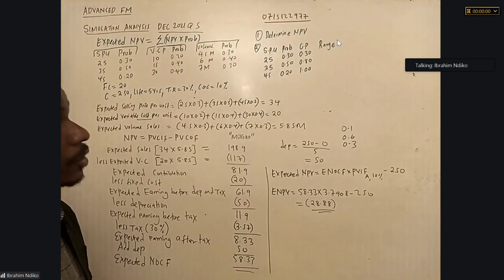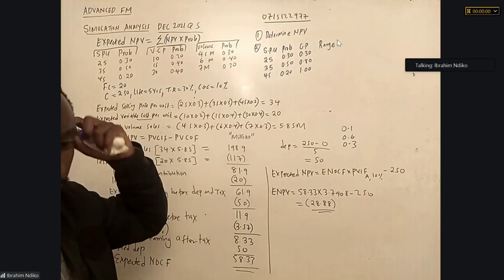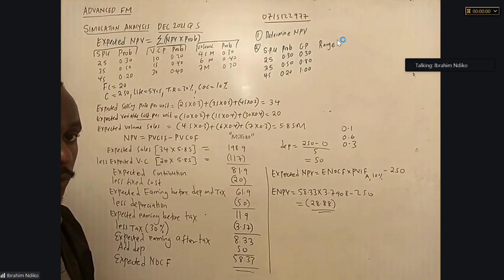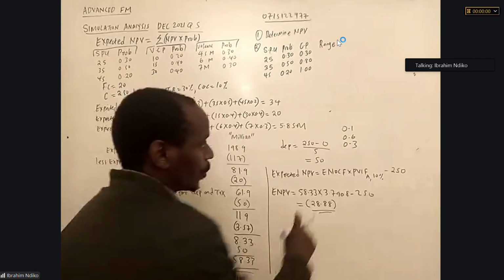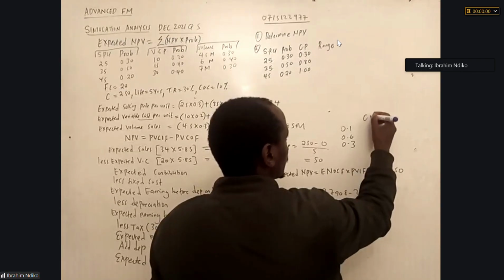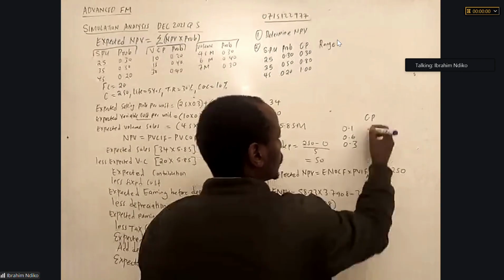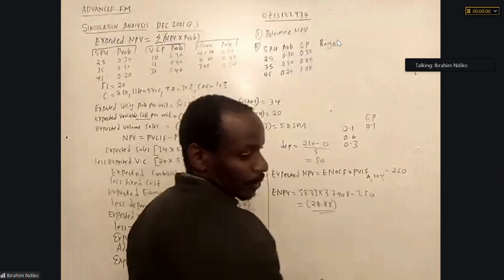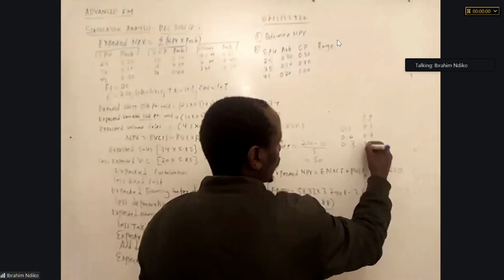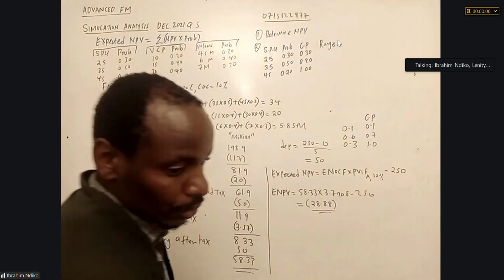Sio watupatie ikiwa na 0 kando. So hii kumaanisha ukienda kuchora kwa table yako, cumulative probability itakuwa 0.1, same the first one, sivyo? Ya pili itakuwa 0.7 and then 1.0.